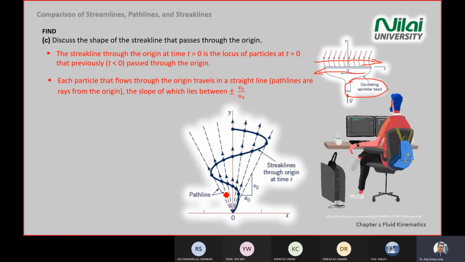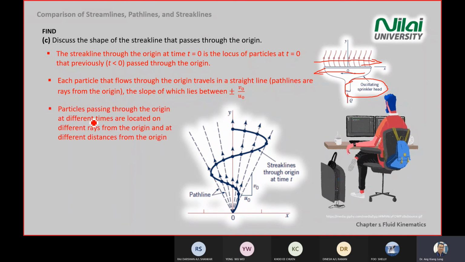So the slope of your path line will be positive and negative of your V0 or U0, the m value just now. That's why you're seeing all these straight lines in dashed form. So the second statement tells you why there's a fan shape of the path line: your slope keeps changing, positive, negative, when you shake the head of the sprinkler.